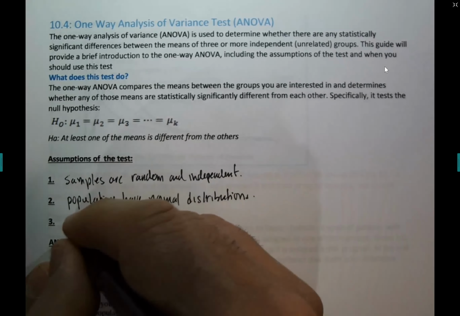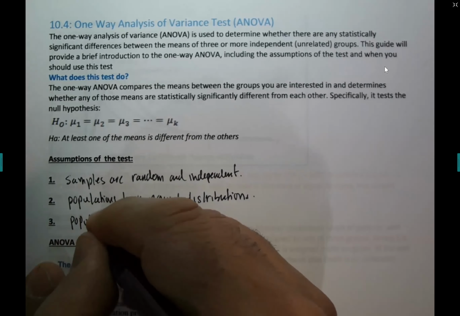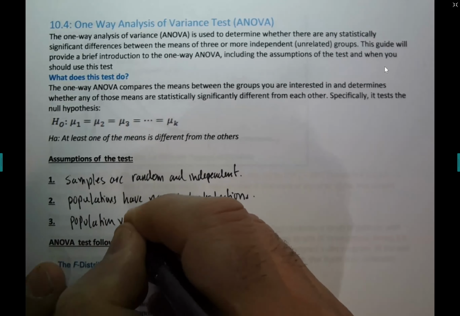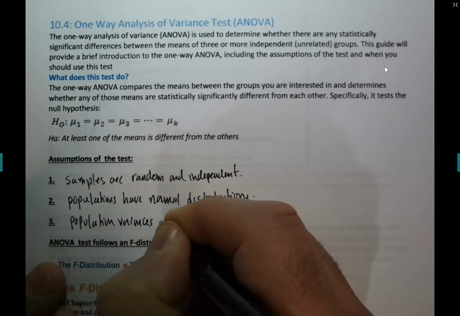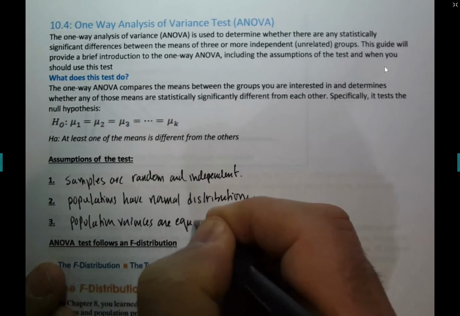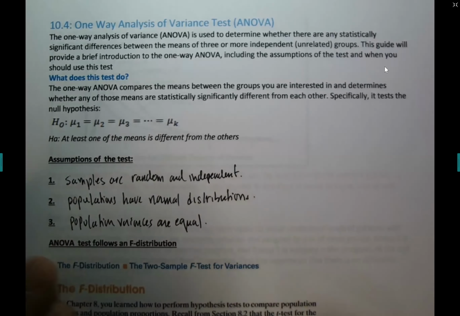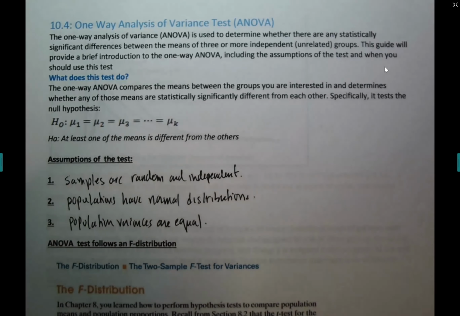And population variances, we have to make the assumption that they are equal. If I ask you to perform this test, guys, you don't worry about those assumptions. That means you assume that they work.